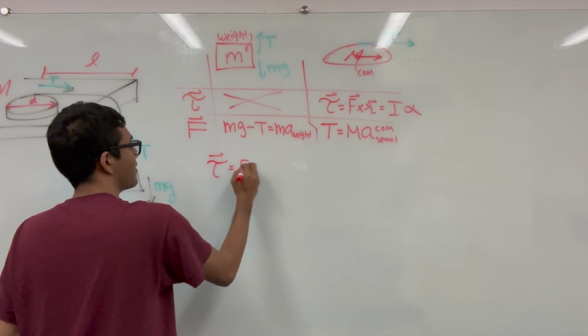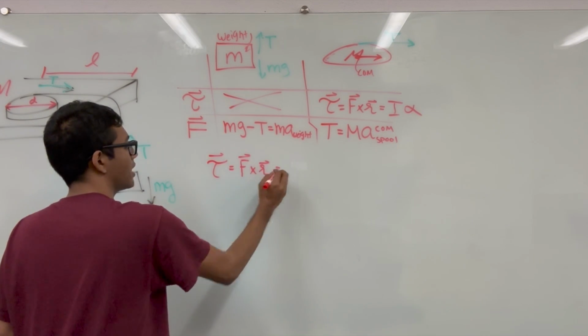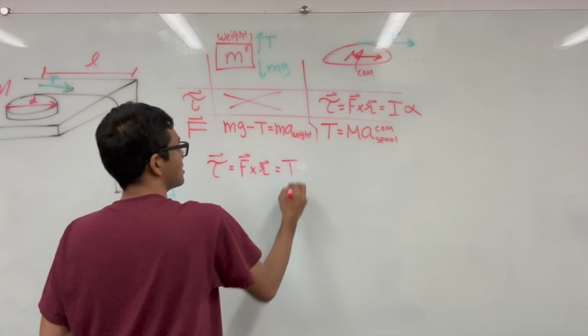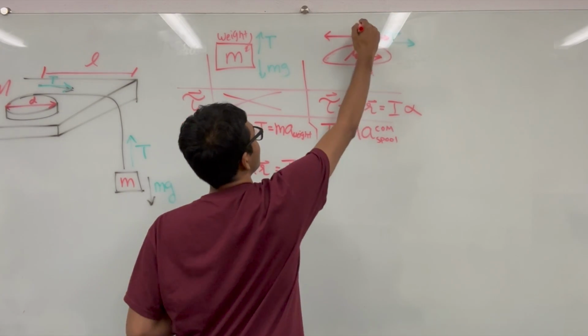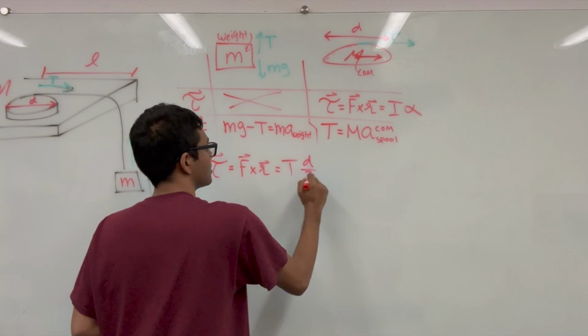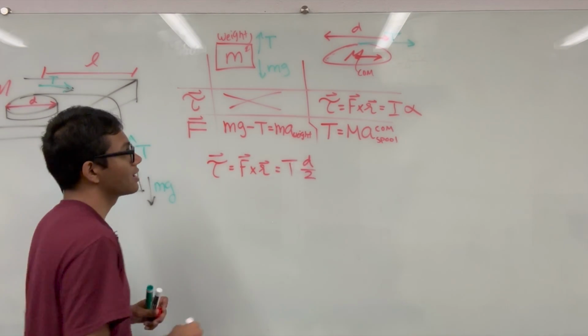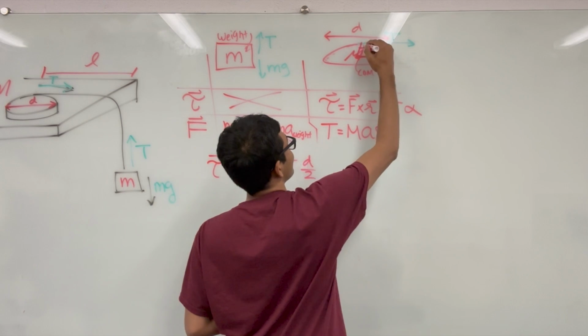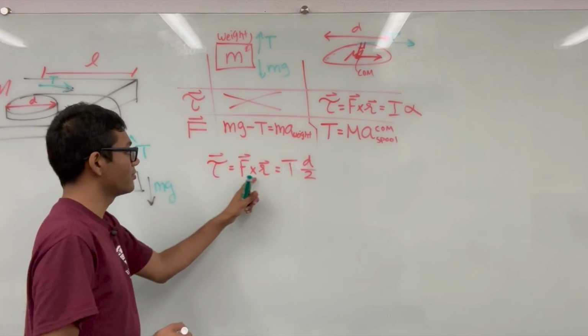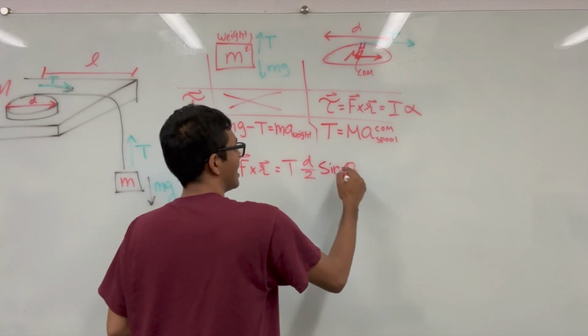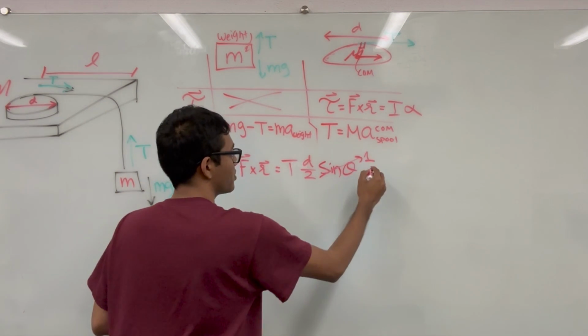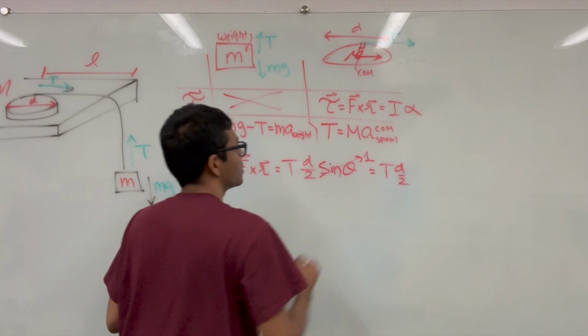So torque is F cross r, right? Now in this case, F is just the tension force, and the radius is going to be the diameter d divided by 2. Okay, and because the tension force is acting at a 90-degree angle, remember the cross product is Fr sine theta, and sine of 90 is simply 1, so we simply have Td over 2.